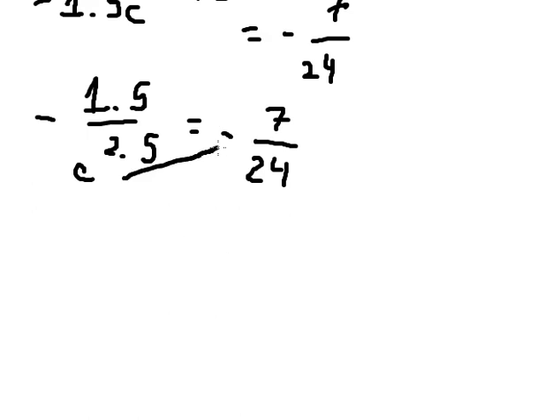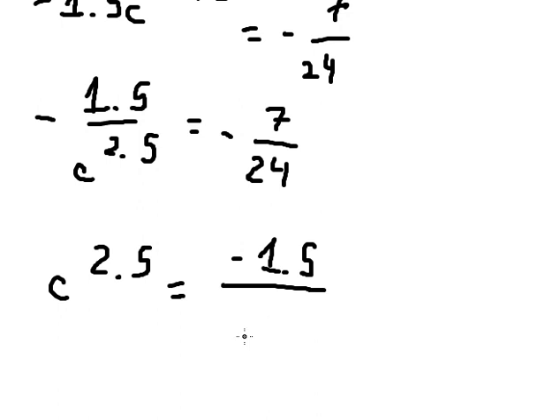I will put c to the right, this one to the left. So we calculate this one and we have 36 over 7.